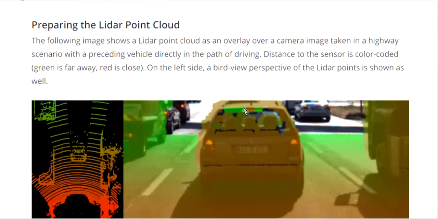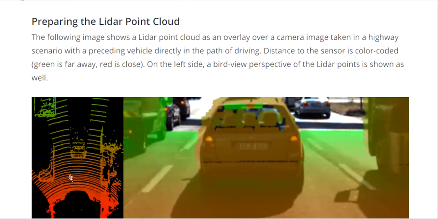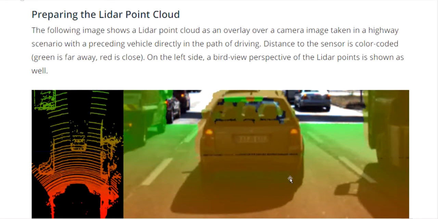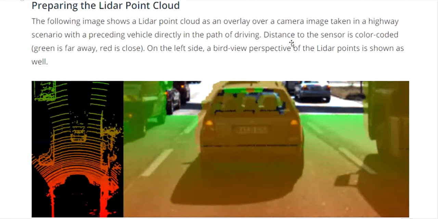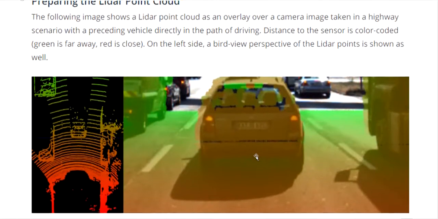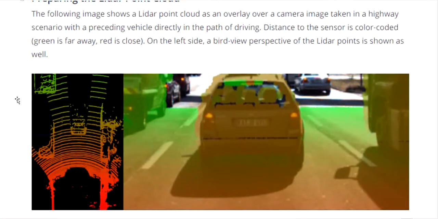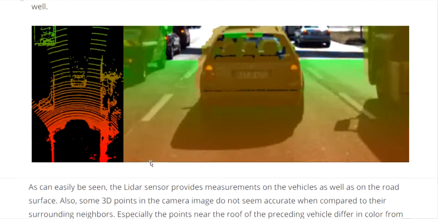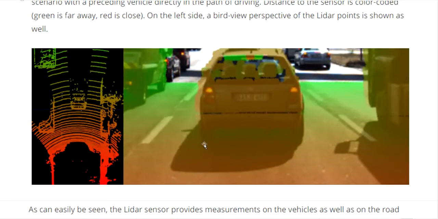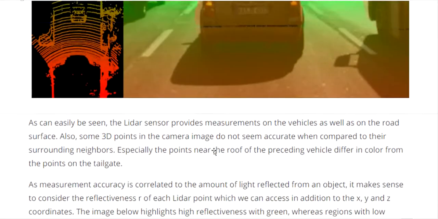Right here, we can see the 3D data points. They overlay onto the image of the camera in the highway scenario. The distance to the sensor is color coded. Green is far, red is close. So you can see right here the colored data points on the camera image.